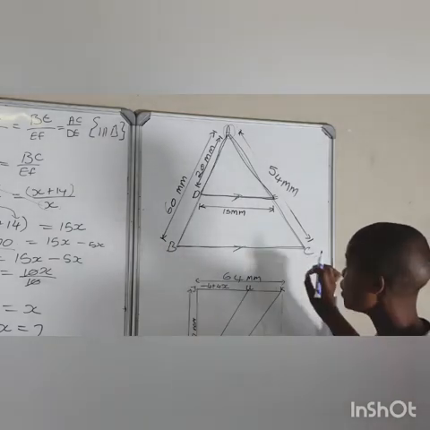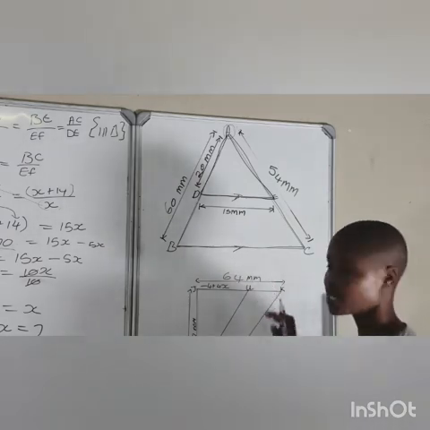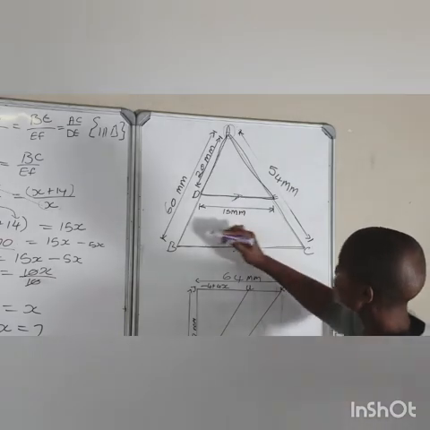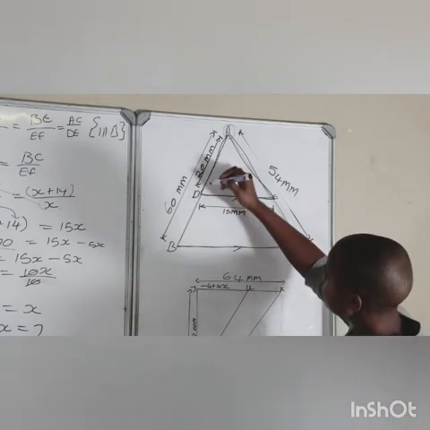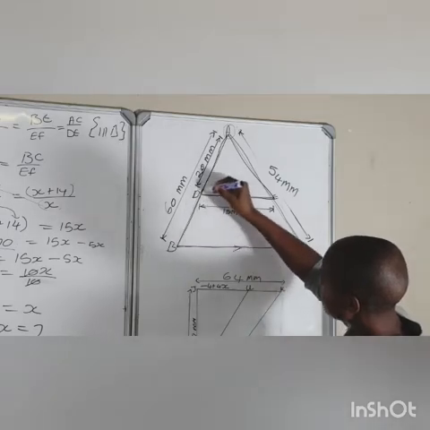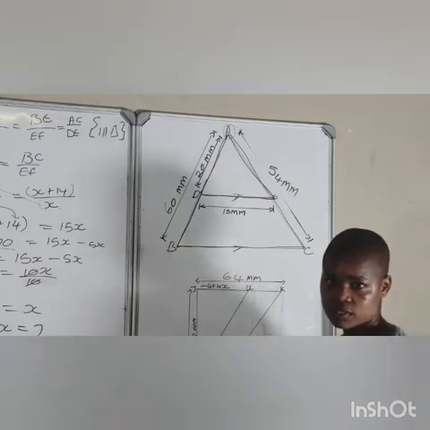So now you have to remember the properties of parallel lines. When we have parallel lines and they are intercepted by a transversal, the line that intersects the parallel lines, then angles are formed.